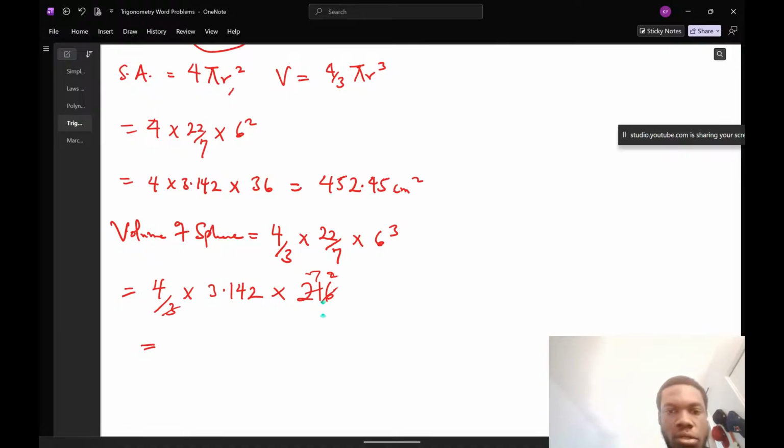So that's 72. Now we have 4 times 72 times 3.142. If we do that, that should be 904.9 centimeters cubed, which is approximately 905 centimeters cubed.